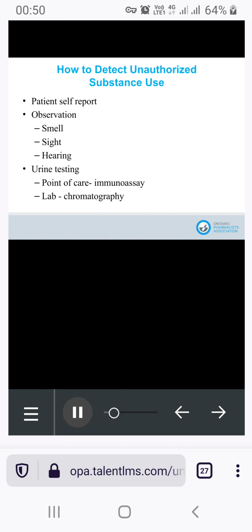Observation: we smell the substance, see it, or hear it. We can do urine testing, point of care immunoassay, or by the lab using chromatography. We can detect unauthorized substance use.